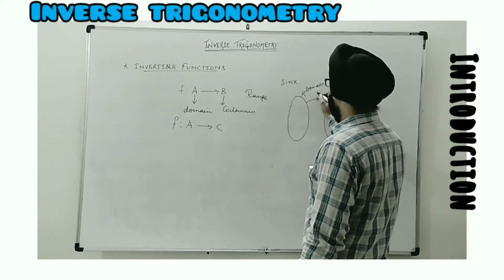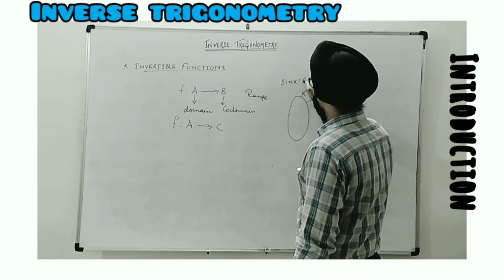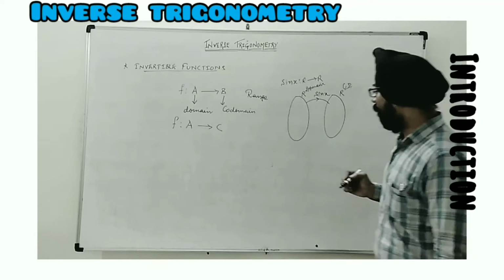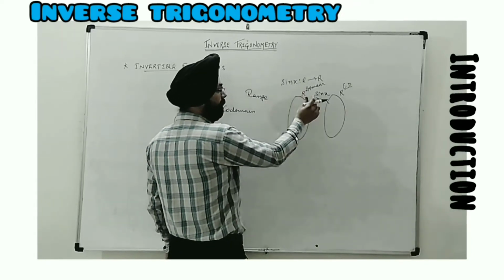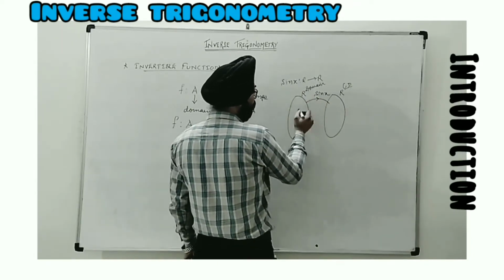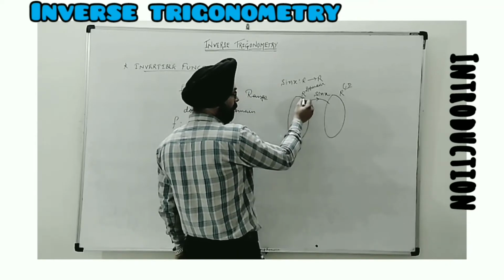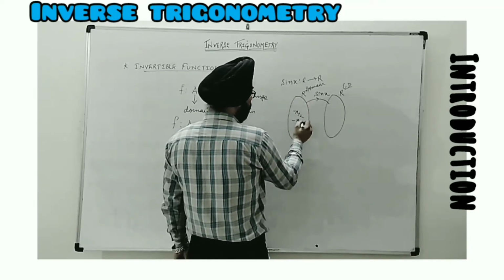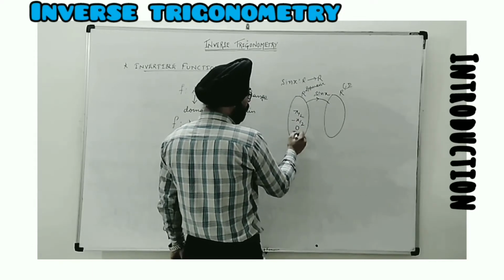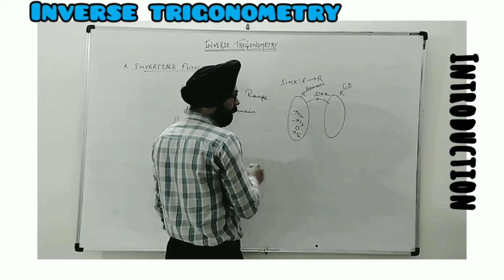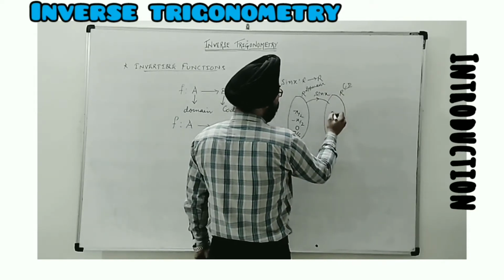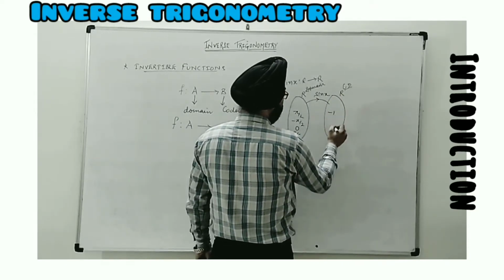Sin x is a function defined from the real numbers as domain to the real numbers as codomain. Obviously you know that sin as a function is defined for all the values in the real number set, like pi by 2, minus pi by 2, 0. We take these standard values. But when we come to the codomain, sin x takes values only from minus 1 to 1.